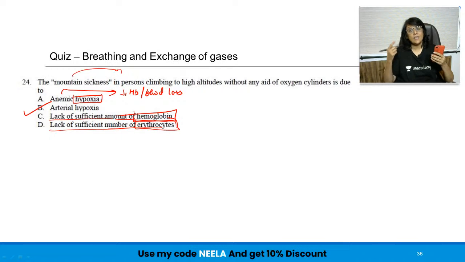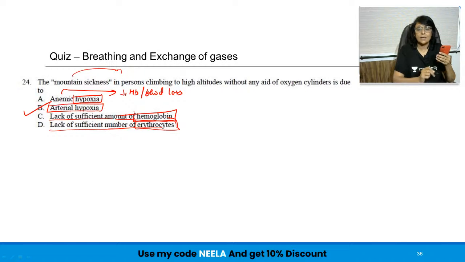But because there is less oxygen available as you go up, the exchange of gases will be less. And that means less oxygen is going to enter into your blood. So it is going to be arterial, that is in the artery.